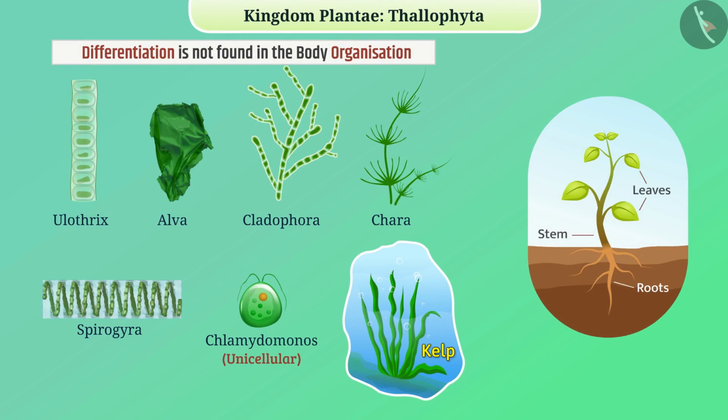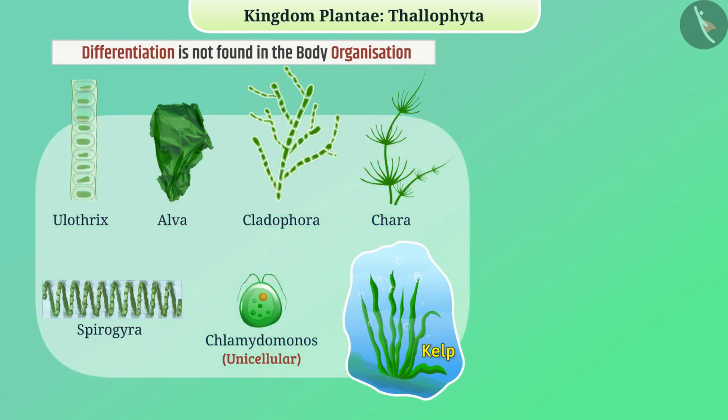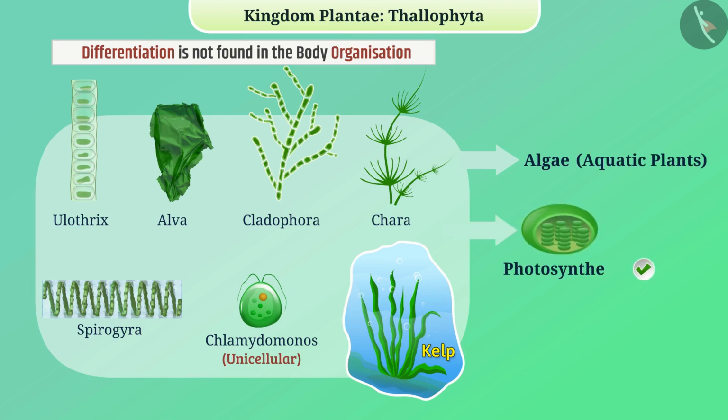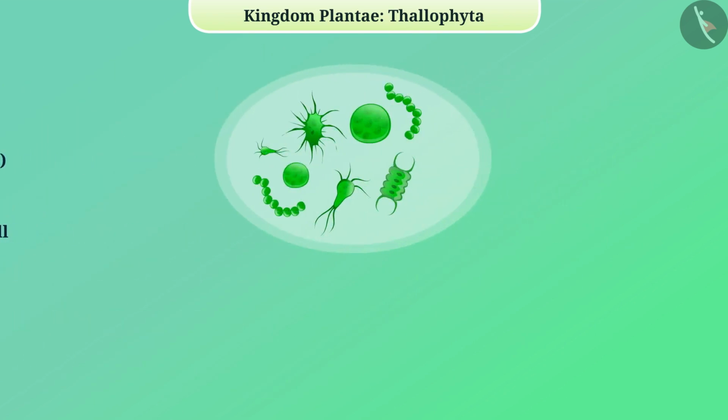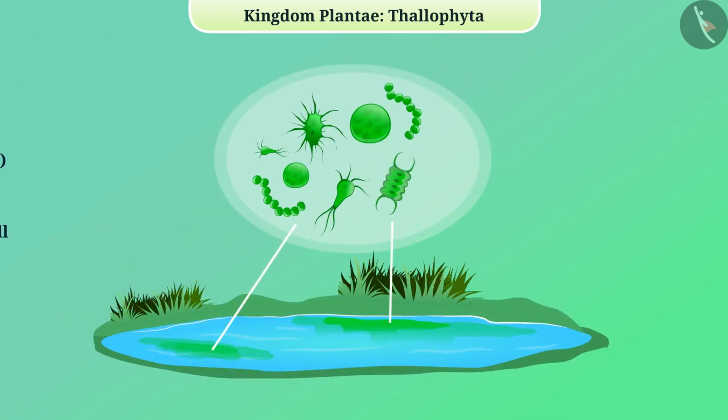All the plants in this group are commonly called algae. These are all aquatic plants. They can do photosynthesis because of presence of chlorophyll and thus can make their own food. That is, they are autotrophic. Some algae are very small and they form layers on the surface of water.